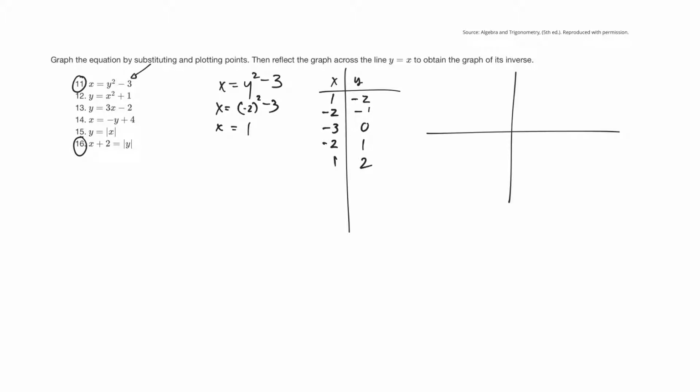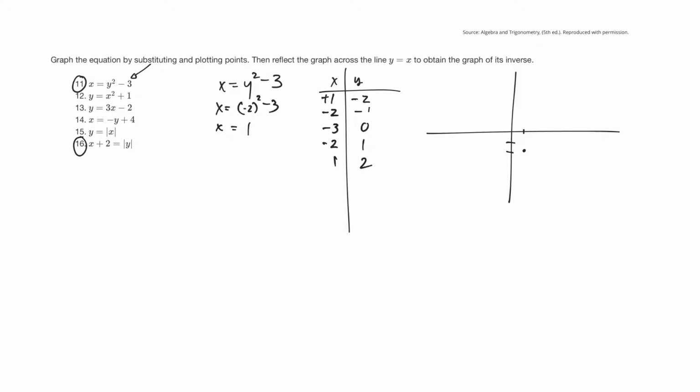So if I plot these points, 1 and -2 right there... hold it, this should have been a -1, right? No, what number did I have there? It was +1. Anyway, if I plug in a +1, I get a -2, that's right.